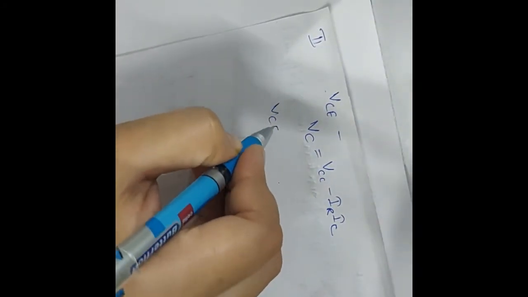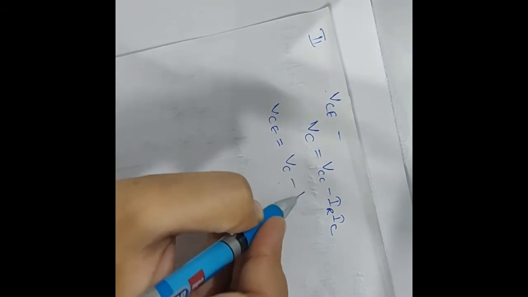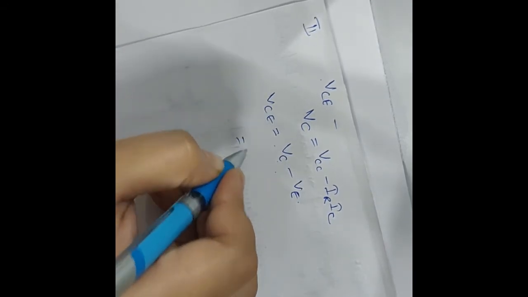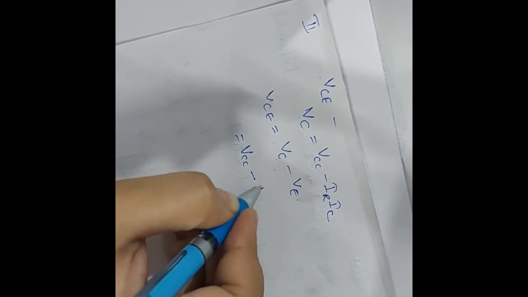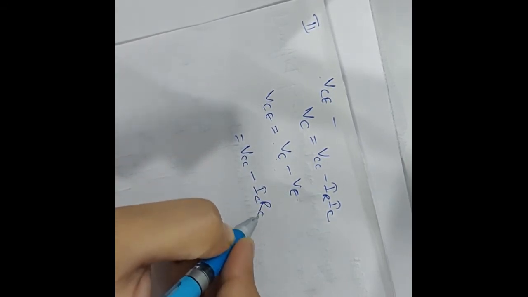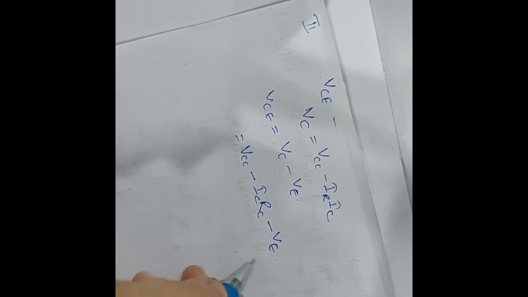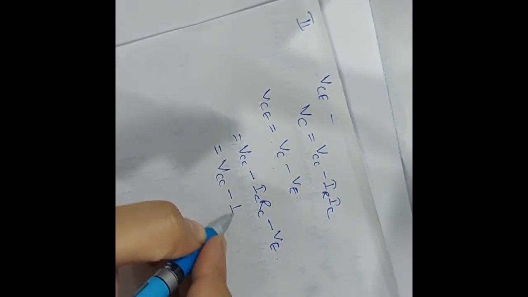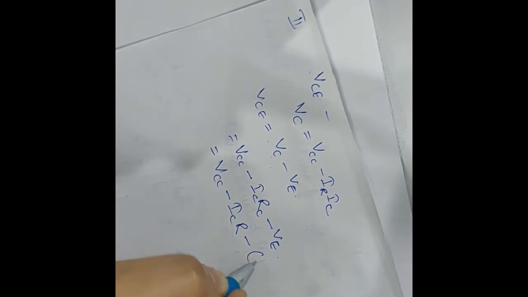We know that VCE can be written as VC minus VE, collector minus emitter voltage. So we can write it as VCC minus IC RC minus VE. Now VE is nothing but minus VBE.